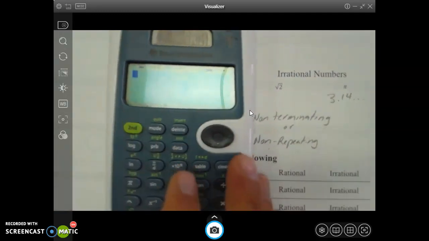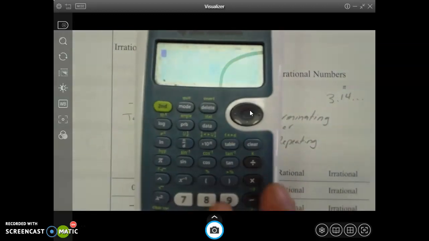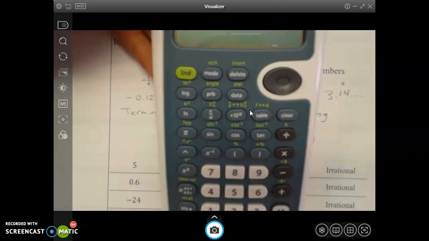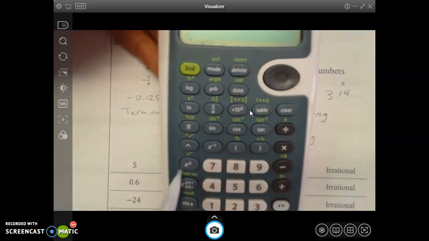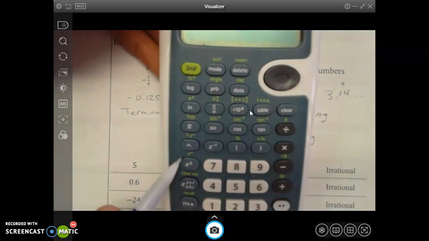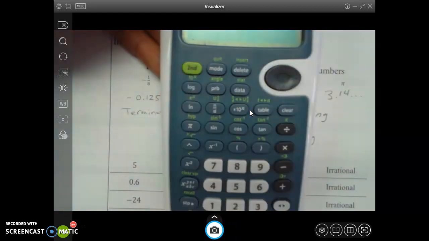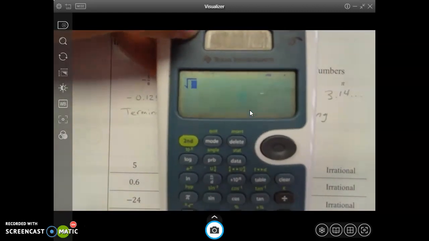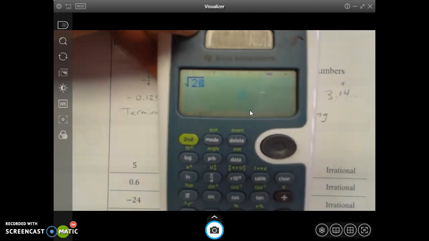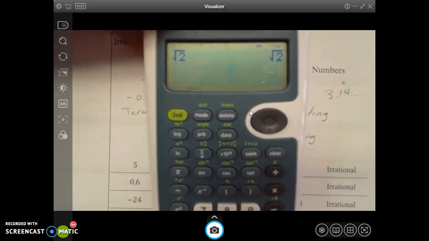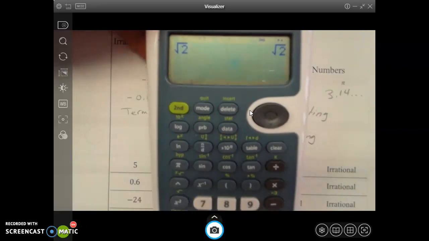So if I go over to my calculator and I want to type in the square root symbol, or my radicand, that is this green symbol right here. To get to that, I have to hit the second key, and then I have my square root symbol. Now I can press 2 and then enter, and it's already reduced to the simplest radical form.